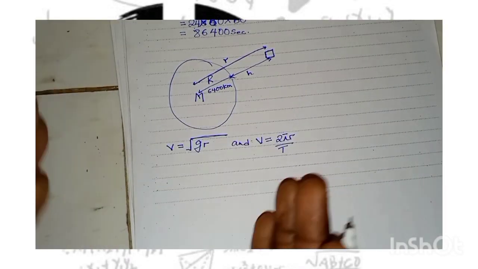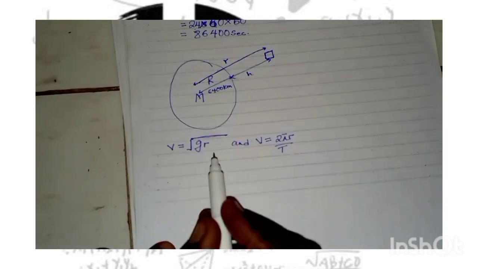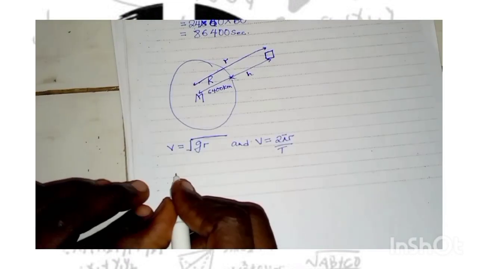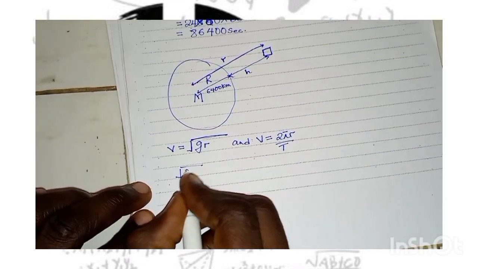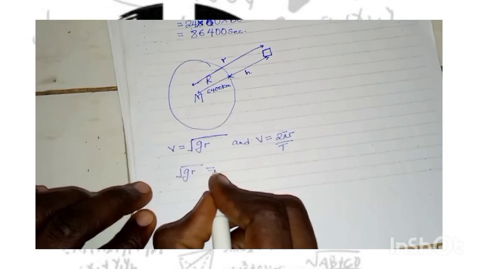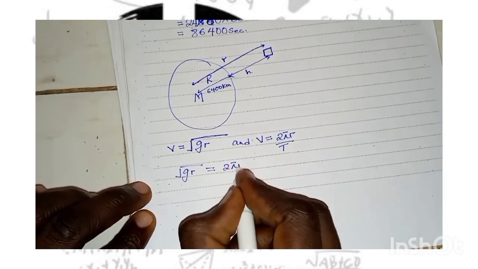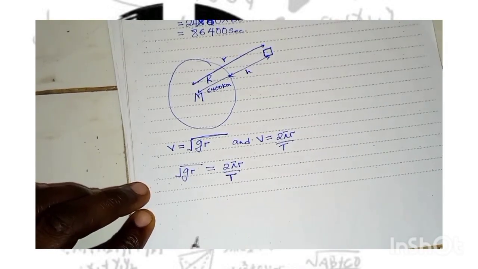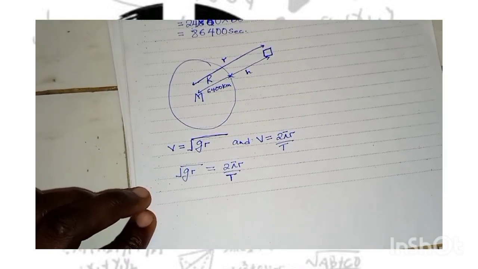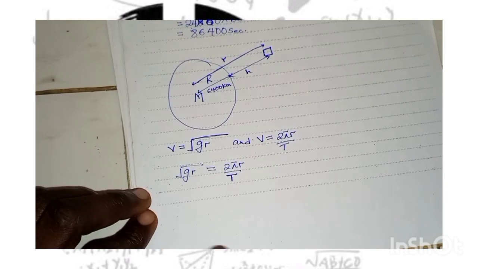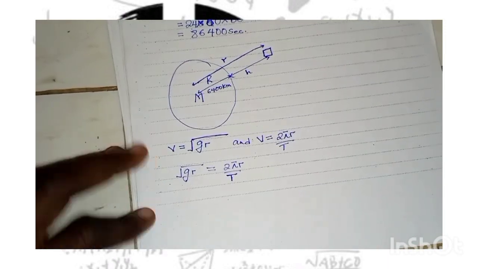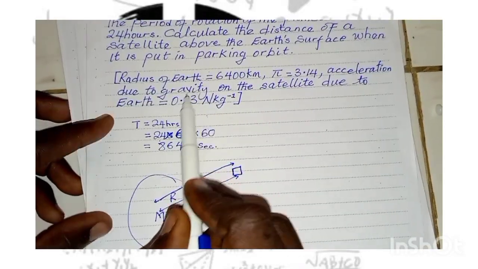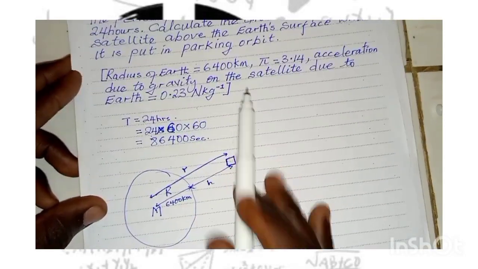So we equate these two, that is v equals root of gr and v equals 2 pi r over T. So we say root of gr equals 2 pi r all over T. We check if the information in the question is rich enough for us to solve the problem. We are given the acceleration due to gravity, and it is 0.23 newton per kilogram.